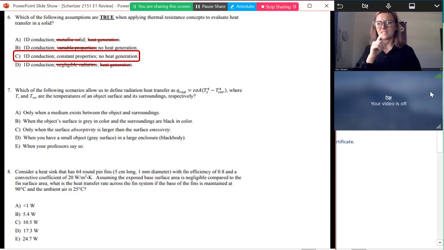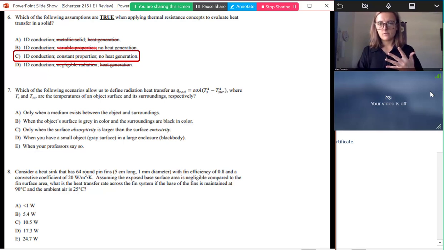When the object surface is gray in color and the surroundings are black in color. So we do use the terms when we're talking about radiation as like a gray body or a black body, but this doesn't refer to the material's actual color. So it's not B. Option C says only when the surface absorptivity is larger than the surface emissivity.